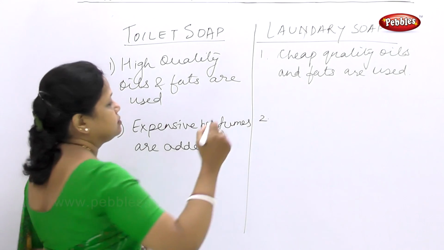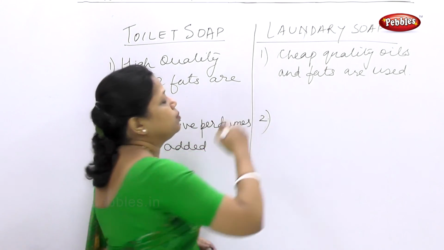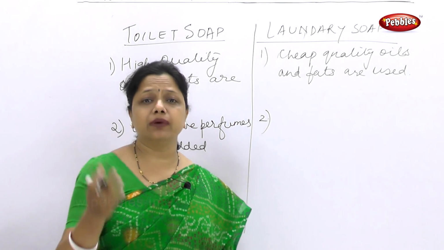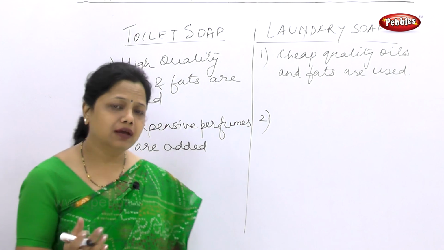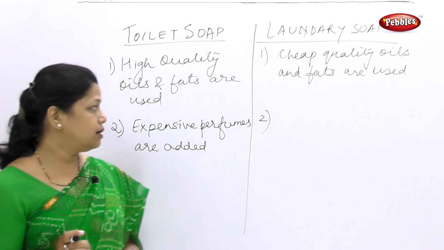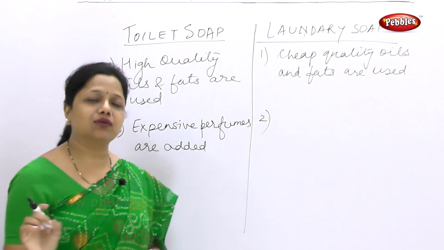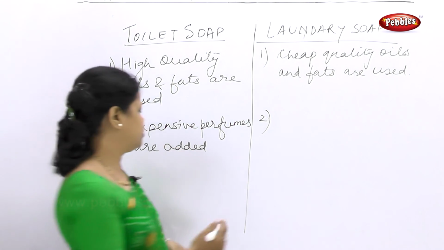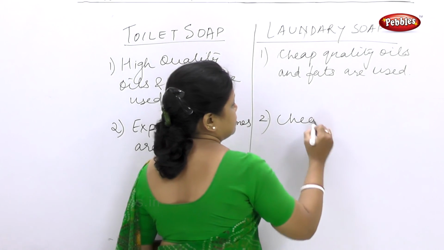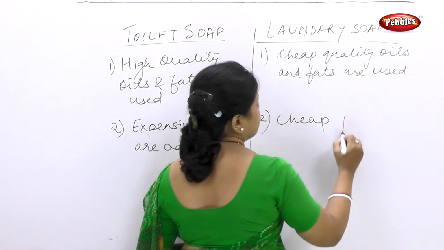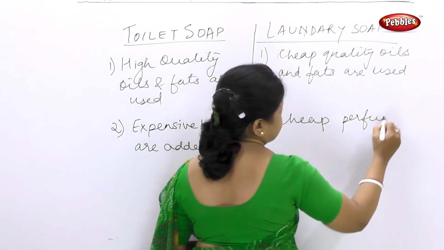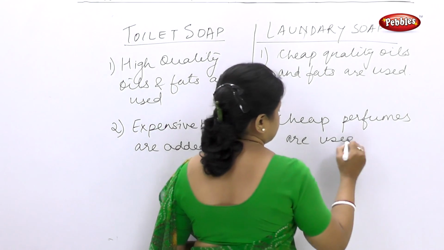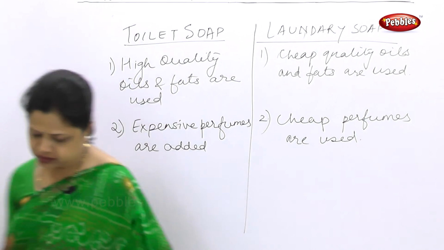Now in this second part here, the laundry soap, expensive perfumes are not used. Only some perfumes may be of lemon or maybe of some nice smelling which may not come in the way of cleaning the clothes. That is why a not very expensive perfume but cheap perfumes are used. Not much importance is given here for laundries. This is the second difference.